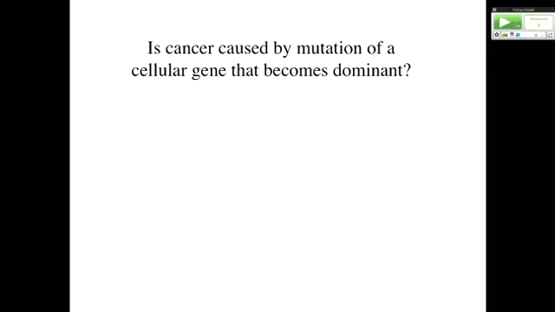Does everyone get that? So the question is, by example of what has happened with Rous sarcoma virus and cellular Src and v-Src, one may make the hypothesis that cancerous growth could be caused by mutation of a normal cellular gene, causing it to become uncontrolled and dominant over normal cellular growth control process, such that you get uncontrolled growth.